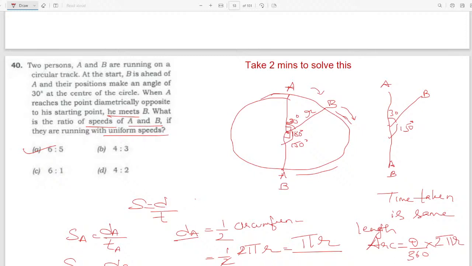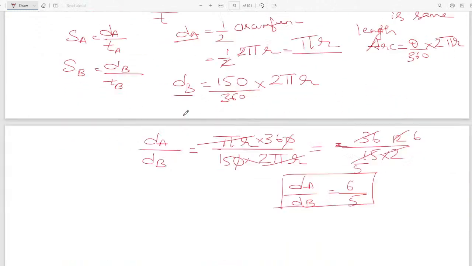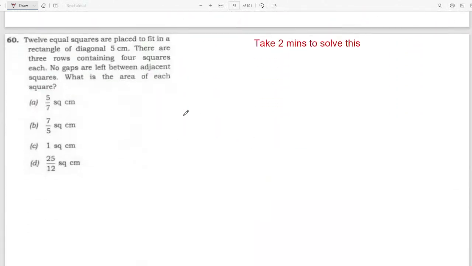We'll move to the next question then. I think there is no more doubt. So take 2 minutes to solve this. Two responses for option C. Others who are yet to post, please post.